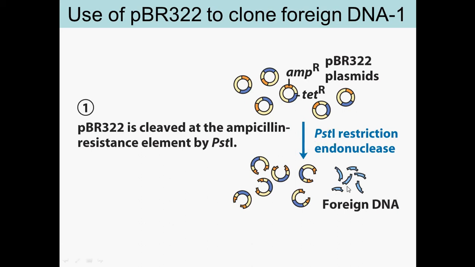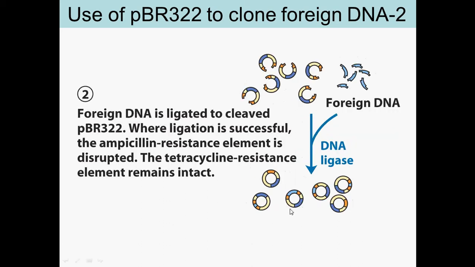And then the DNA we want to put in here is this stuff, and it's gonna have a huge insertion in here, so the ampicillin resistance is gonna get messed up. So the bacteria that do get this plasmid won't be resistant to ampicillin, but they will be resistant to tetracycline because the tetracycline part is still intact.